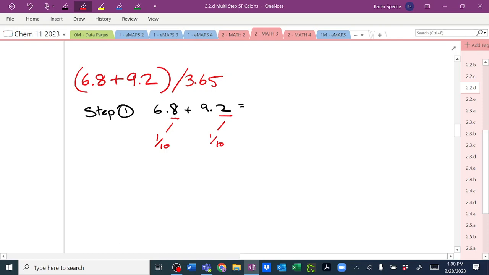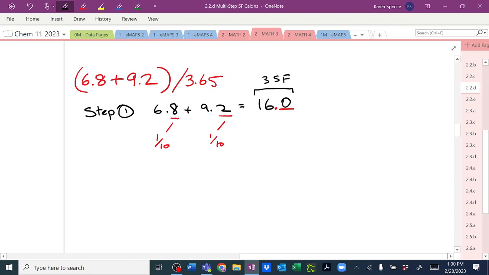If I plug that into my calculator, 6.8 plus 9.2, I get 16. If this were the entire thing, would that be the correct answer? No, because my uncertain digit is in the tenths position, so I would need to add a 0.0. That means that in my answer, I have 3 sig figs.